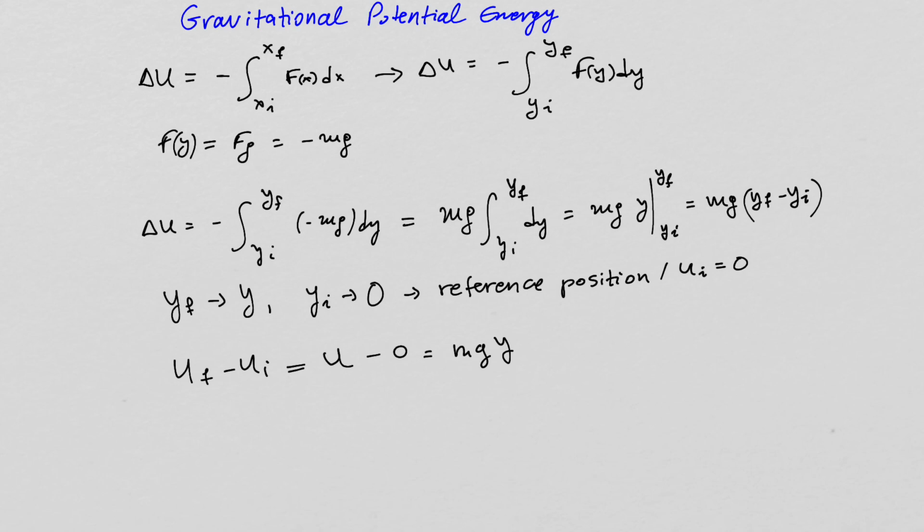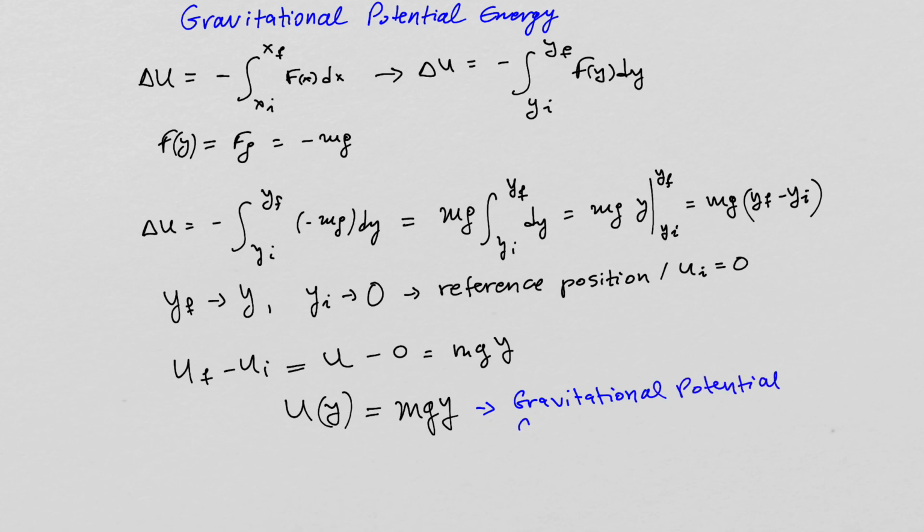And so U as a function of y equal to mgy is what we define as the gravitational potential energy of the moving object. Or for short, this is GPE, gravitational potential energy.